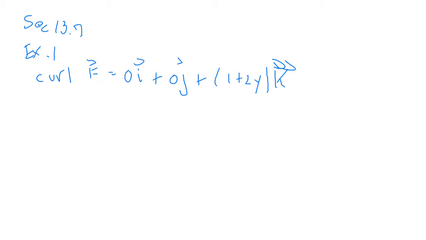So P is equal to 0, Q is equal to 0, and R is equal to 1 plus 2y.